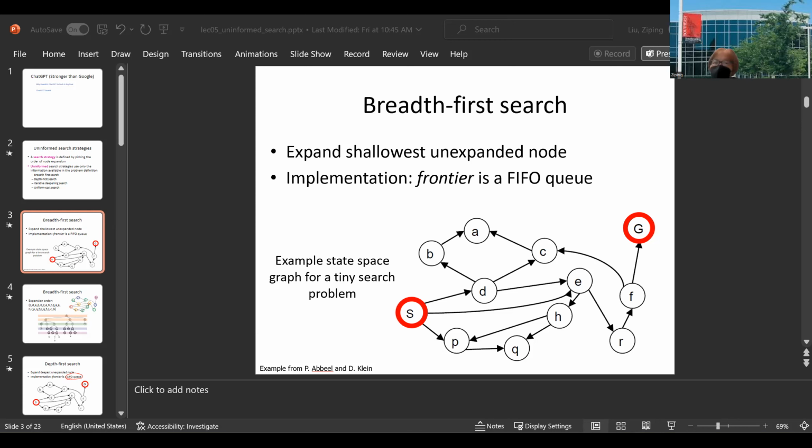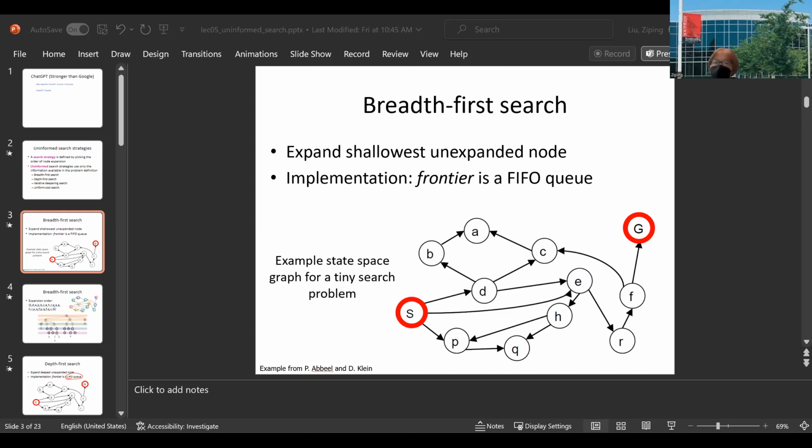Completeness: does the strategy always find a solution if one exists? Optimality: does it always find the least cost solution?